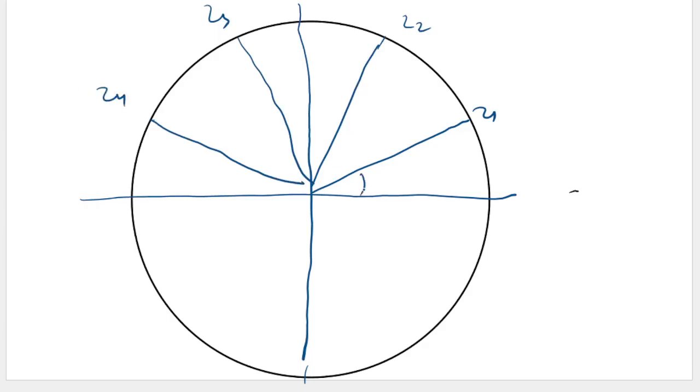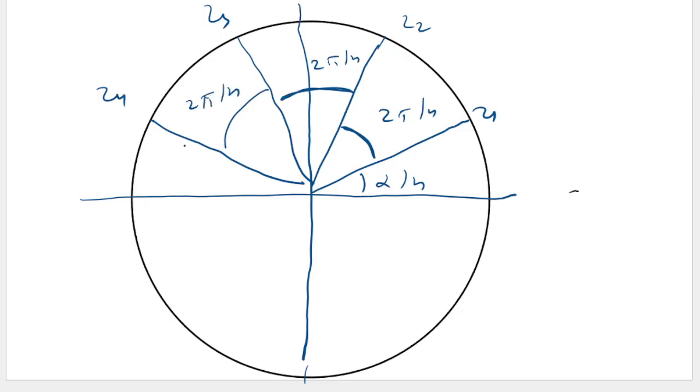This is α/n, but all other angles, this angle is also 2π/n. This is also 2π/n. This is also 2π/n.